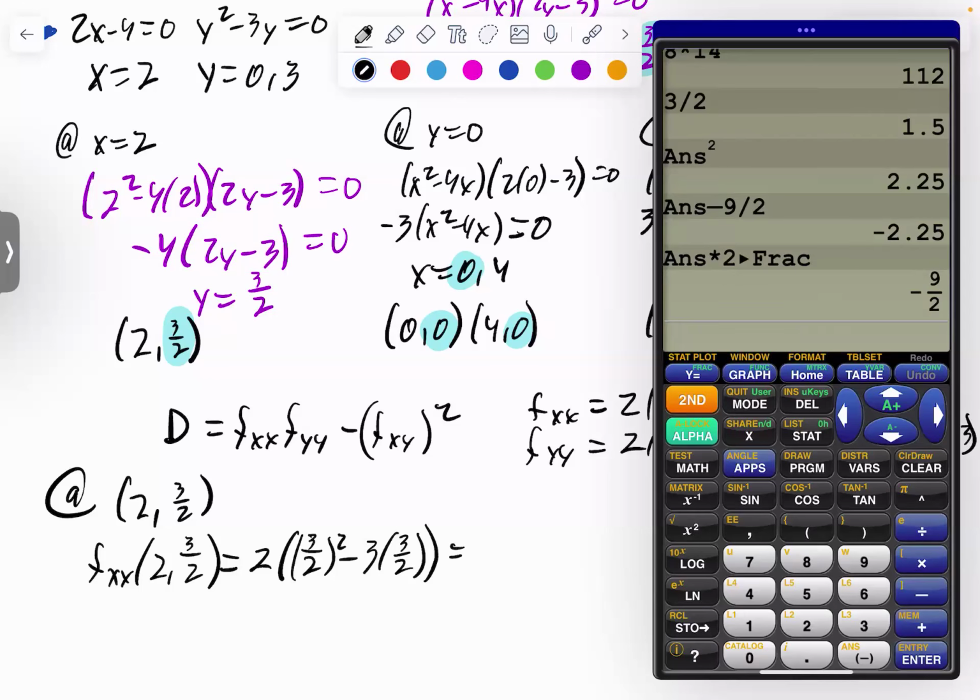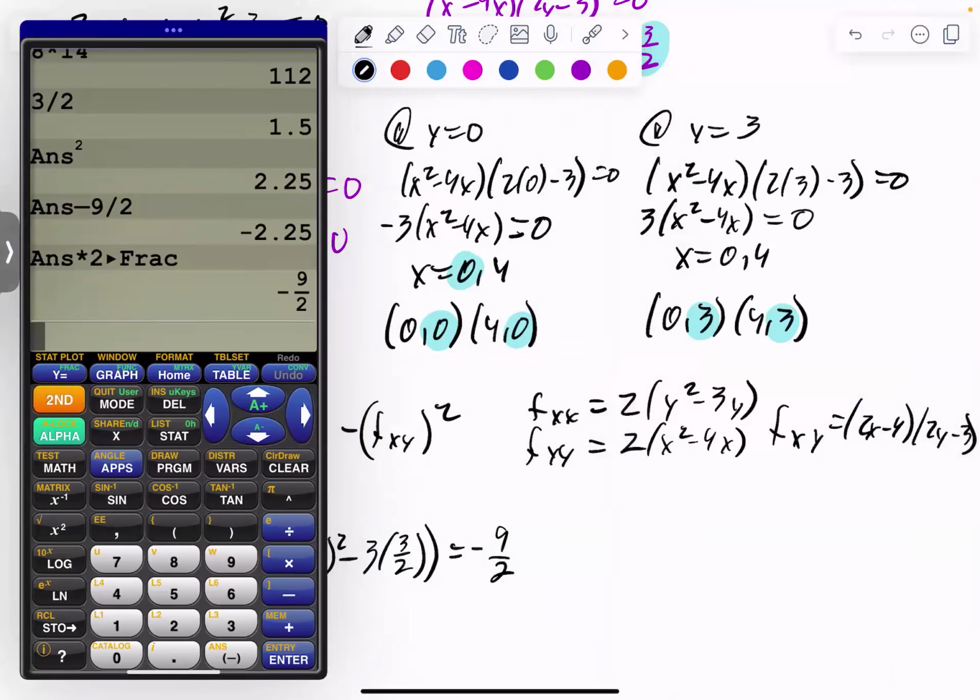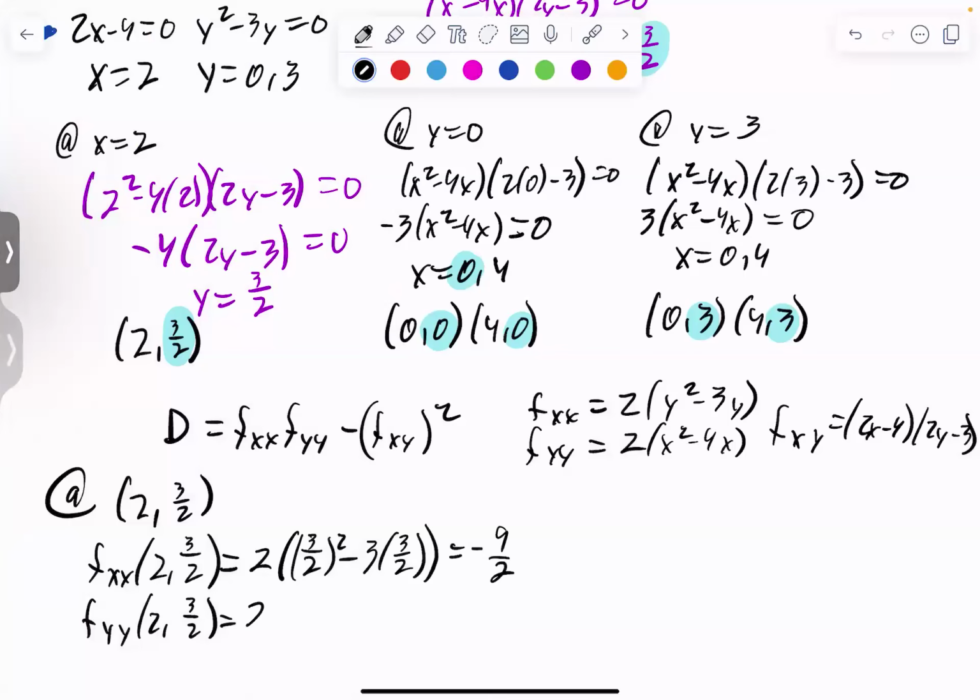And we're getting negative 9 halves. F sub yy of (2, 3/2) is 2 times, this is now x, so this is 2 squared minus 4 times 2. So that's 4 minus 8, that's negative 4 times 2 is negative 8.